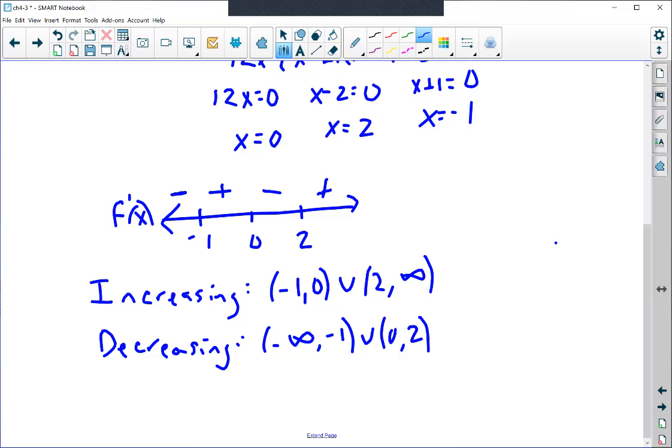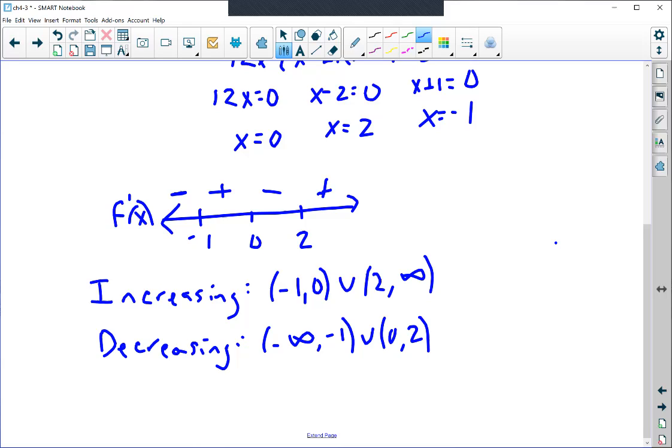A couple of things that you want to be aware of. Make sure you know the domain of the function, the values for x that work. For instance, if it's a rational function, or if it's a logarithmic function or an even root function, it's going to limit your domain.